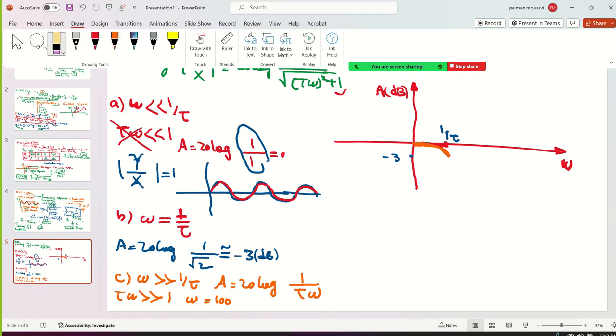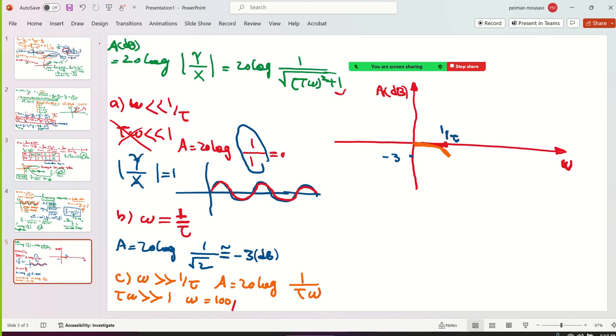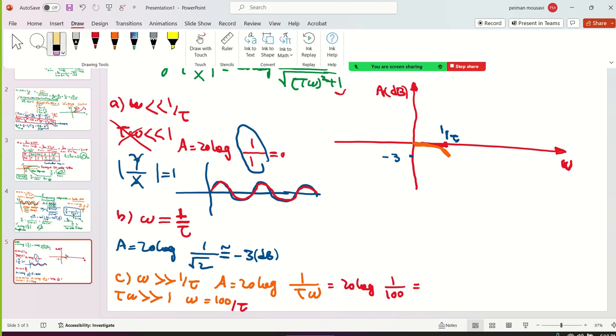This is going to be 20 log of 1 over 10. The result, from high school, is minus 10 decibel, I want to play with that a little.